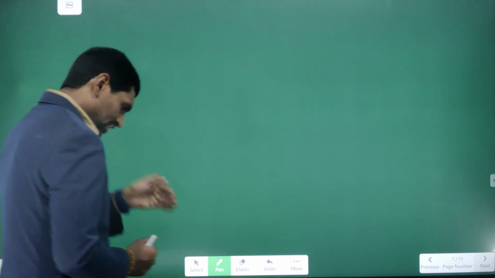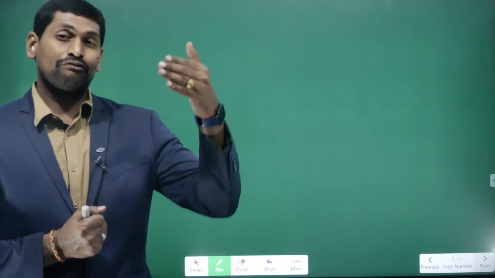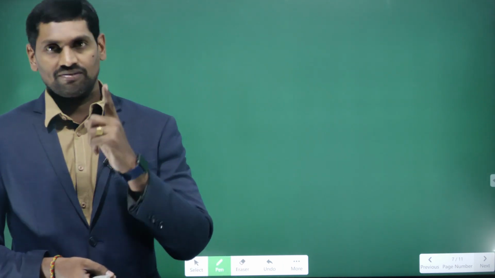Let us go through the practice sheet problems. Mainly based on these four concepts, predecessor, successor, even number and odd number, a few concept based questions are given. Let us go through them and try to answer.